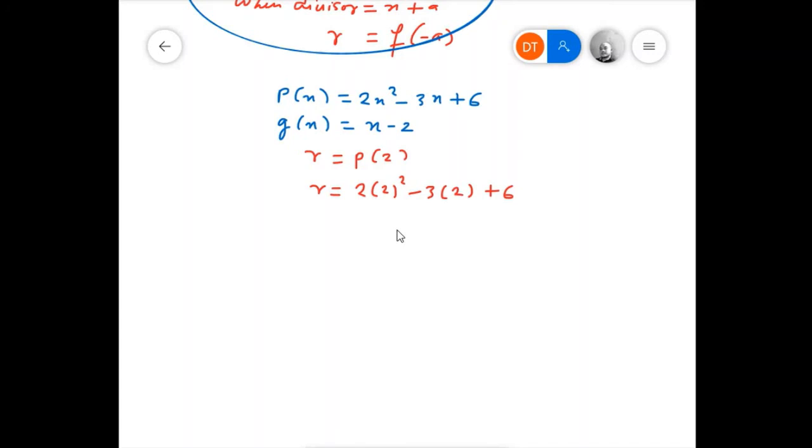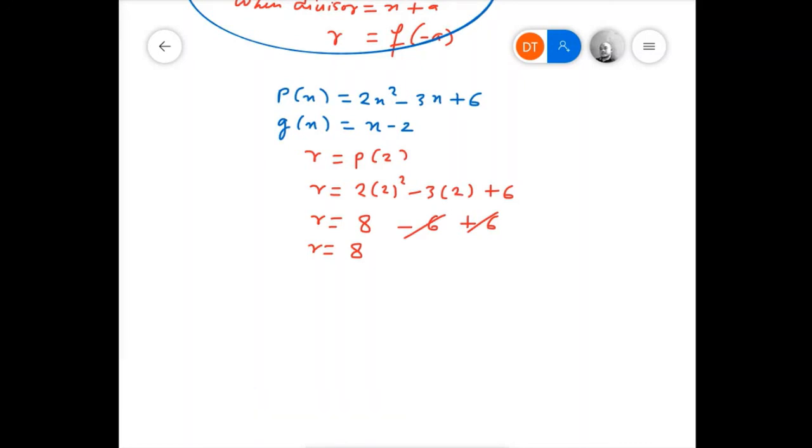Now we solve this: 2 square is 4, into 2 is 8, minus 3 into 2 is 6, plus 6. The minus 6 and plus 6 cancel, and only 8 remains. So our remainder is 8.